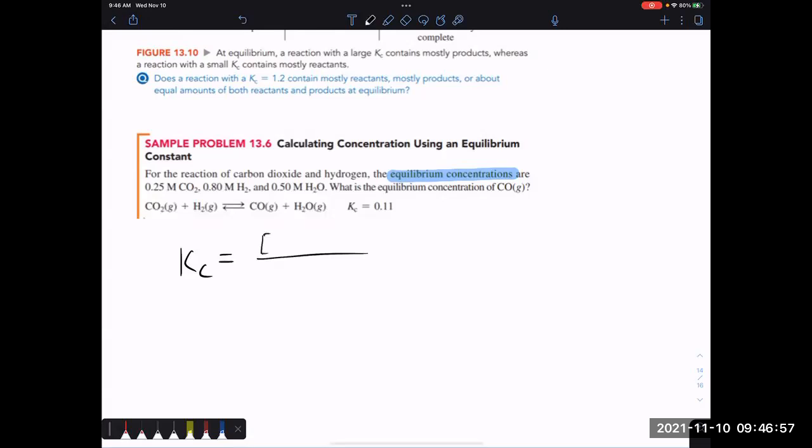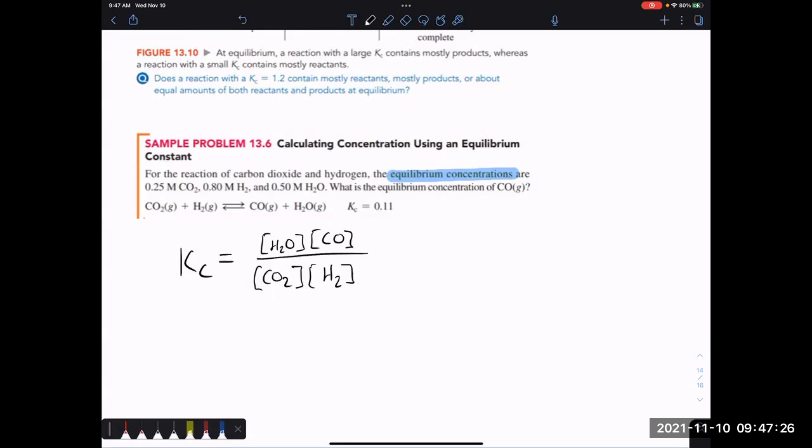So we're going to get the concentration of H2O times the concentration of carbon monoxide over the concentration of CO2 and the concentration of hydrogen. We're asked to find the equilibrium concentration of carbon monoxide.